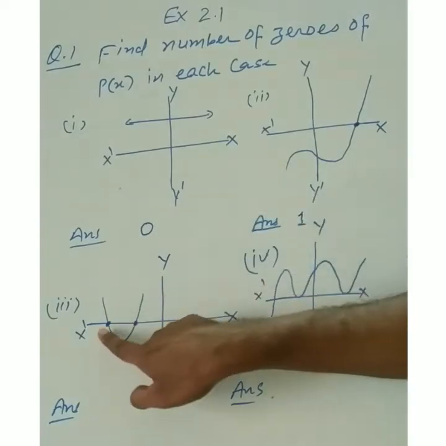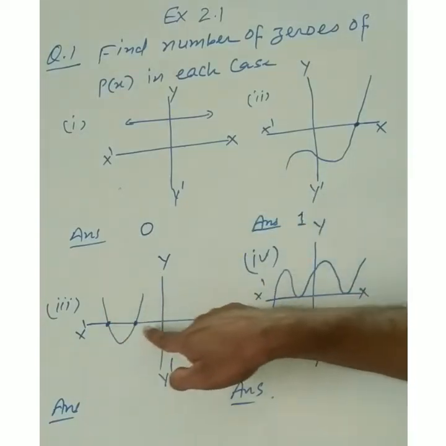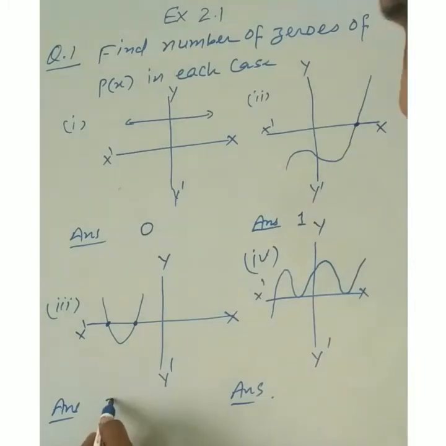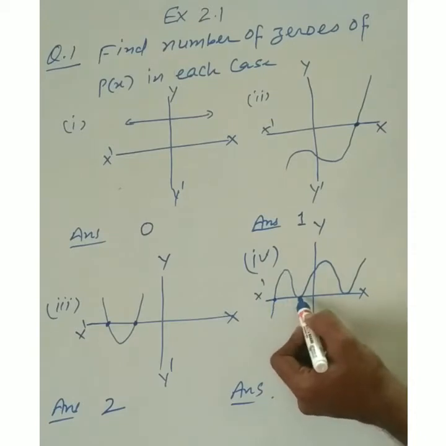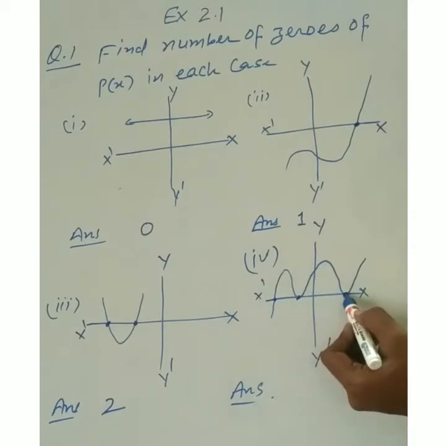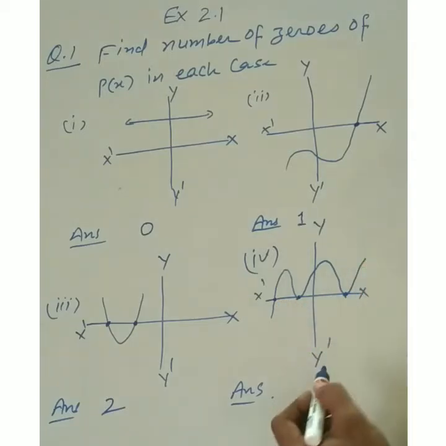The curve is intersecting the x-axis at 2 points, hence the number of zeros is 2. If we look at this curve, it is intersecting the x-axis here, here and here. It is intersecting the x-axis at 3 points, hence the number of zeros is 3.